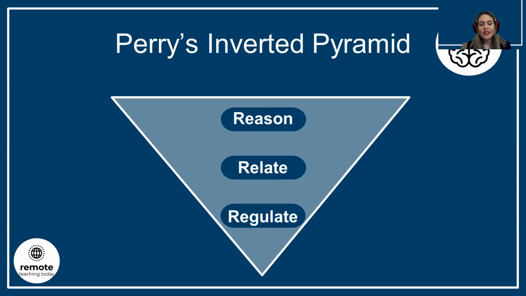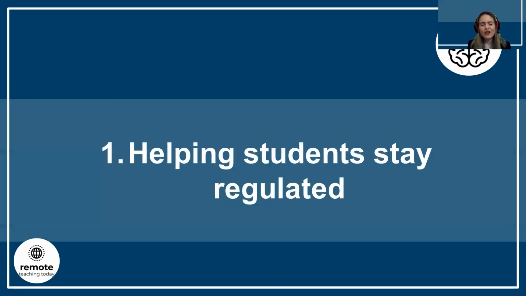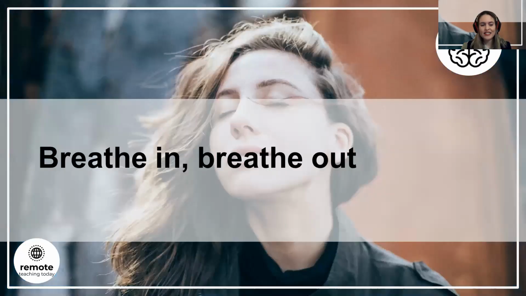Then relate would be the emotions part, and regulating, calming down and staying regulated, is with the brainstem, or primitive brain. So let's start with regulating. How can we help students to stay regulated? One technique is breathe in and breathe out. We're going to see grounding techniques here.